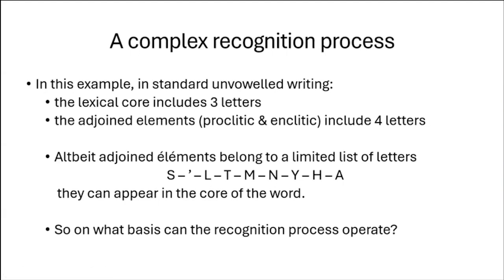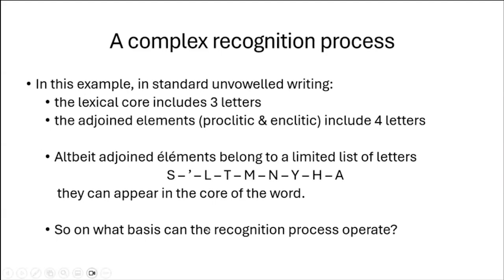So we have a complex recognition process. We have three letters in the lexical core, and we have four letters in the rest of the word. Albeit the adjoined elements belong to a limited list of letters, they can also appear in the core of the word, which makes it more complicated to read.